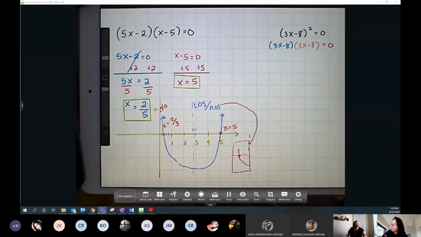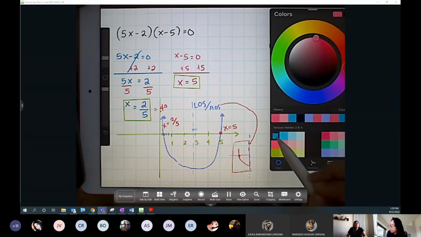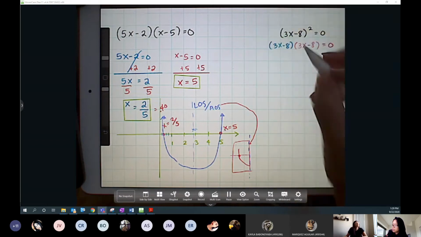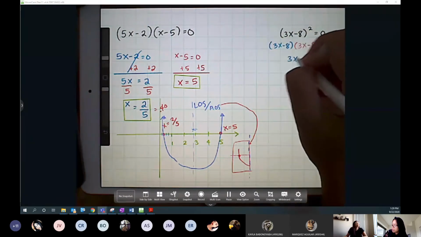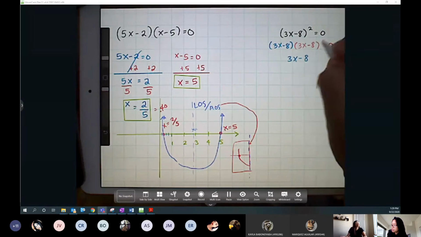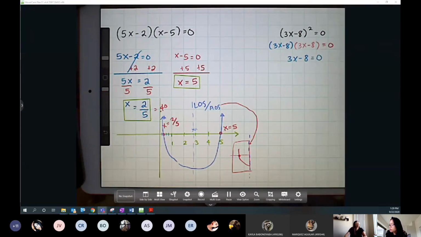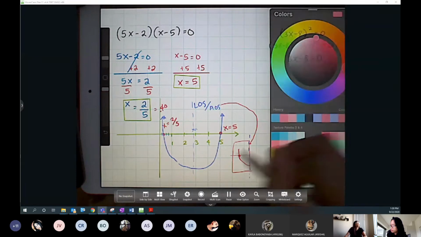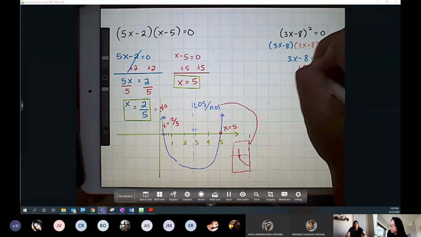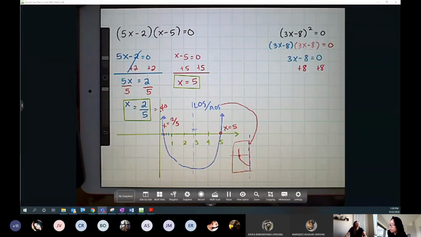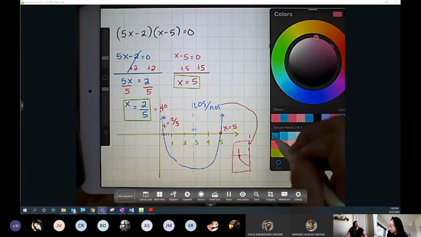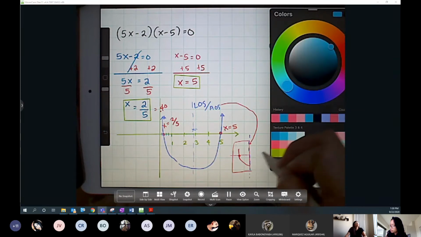Okay, so if I solve for x, because they're the same, it's going to have the same x-intercept. So we get rid of the subtract 8 first. Every time we have a number on the x, we have a coefficient.